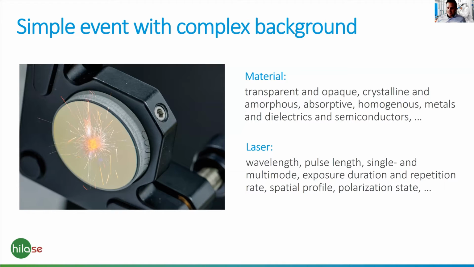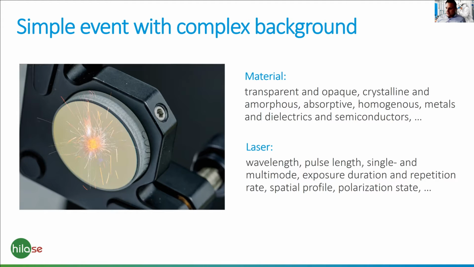However, there is quite a complex background where you have to consider material properties, which can be transparent or opaque, crystalline, amorphous, absorptive or not absorptive, homogeneous, birefringent. You can have metals and dielectrics and semiconductors and all kinds of different properties of the material which are having a role in the damage mechanism.